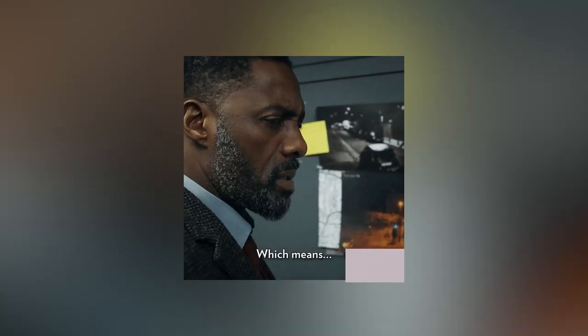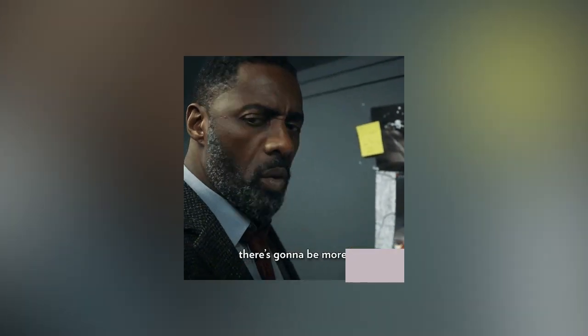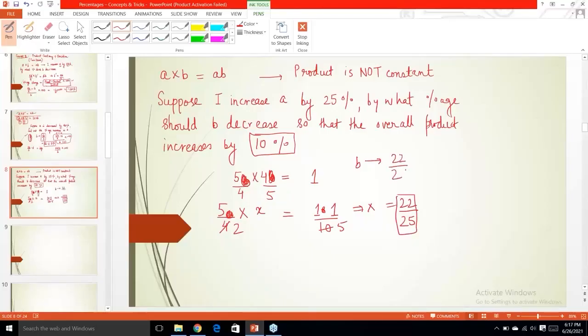Which means B has changed to 22 by 25B, right? The idea is still the same. The moment I know this coefficient on the right hand side, rather than having 1, I'm having some other number.